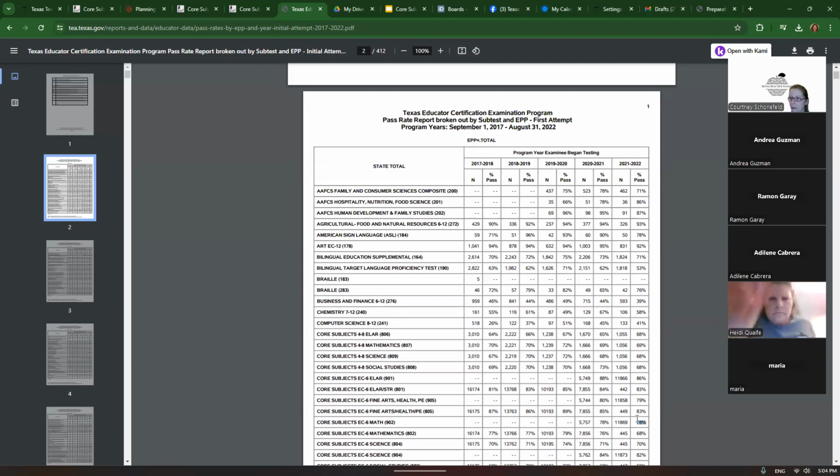So that's not a terrible passing rate. It's higher than some of the other exams, but it's lower than most of the other core subjects like ELAR, which is 83%, right? So I consistently hear from people that fail the math and the social studies sections, right?